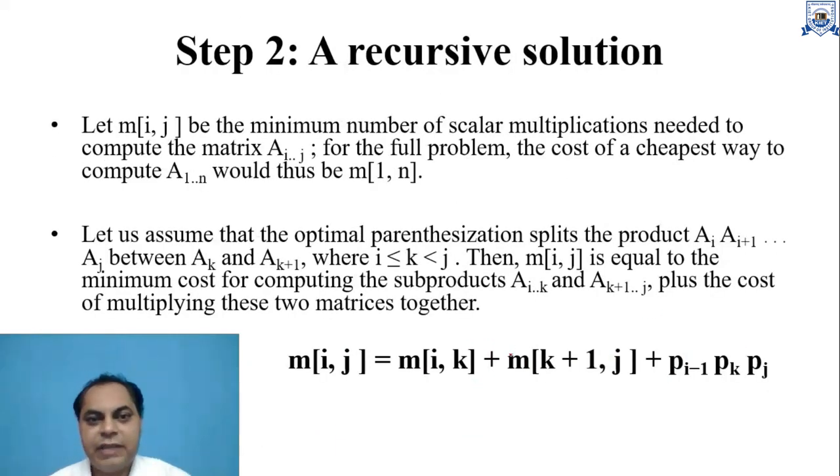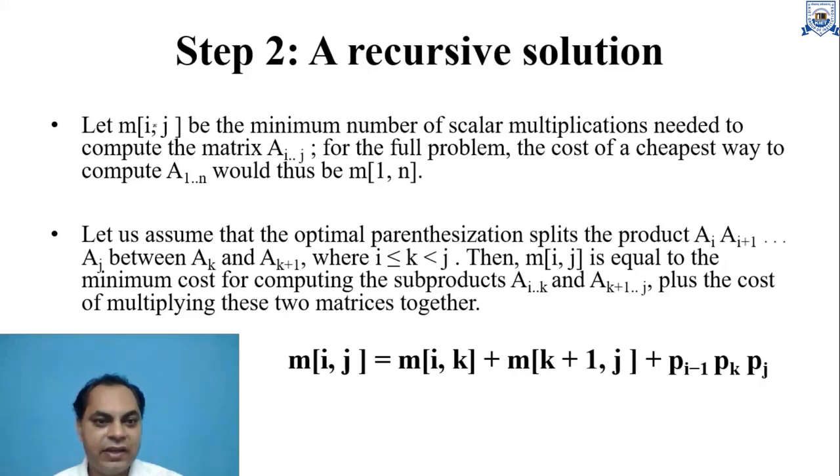Now come to step number 2, the recursive solution. In this step, we show that the solution of the problem depends on the subproblems. That means if we want to solve a problem of bigger size, first of all we have to solve the problem of smaller size. The solution of the larger problem depends on the solution of the smaller problem.